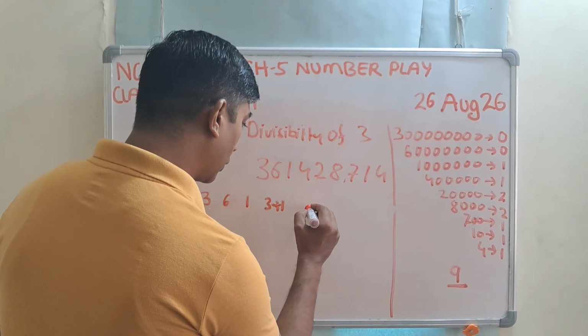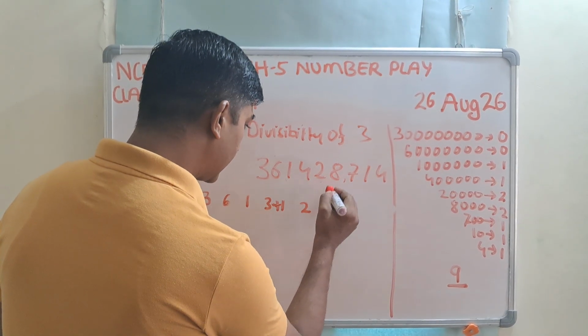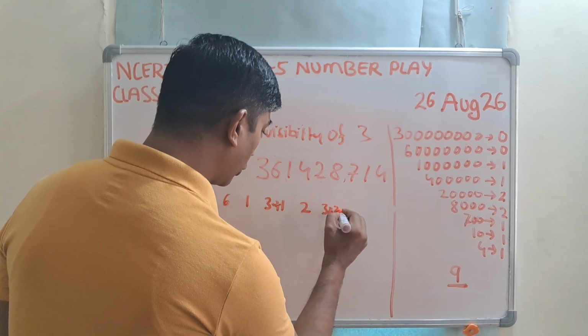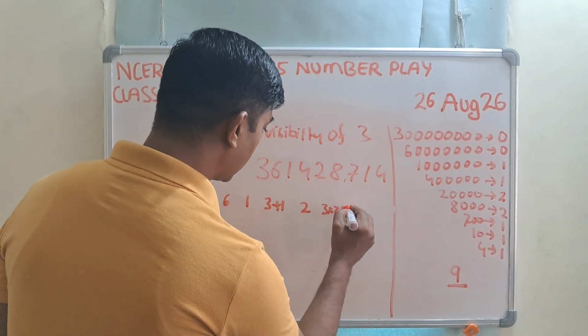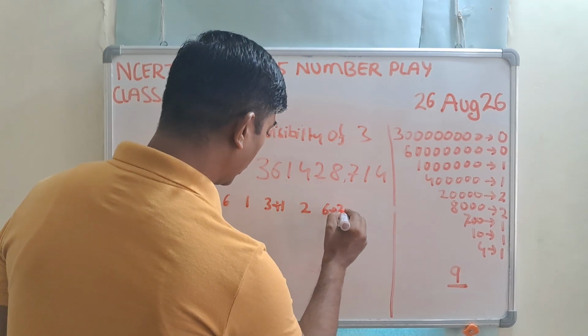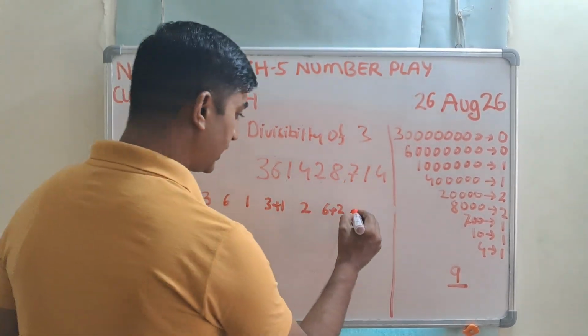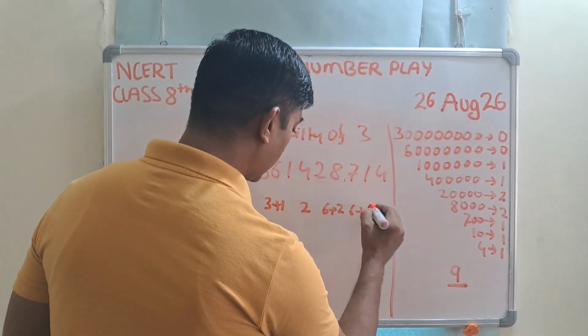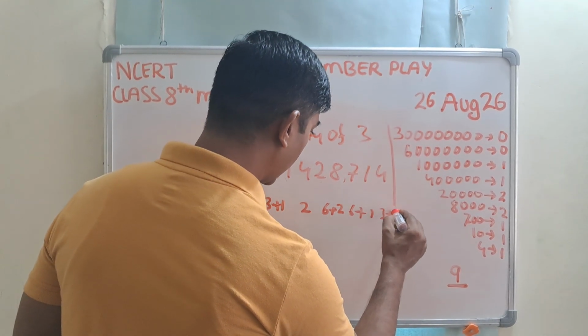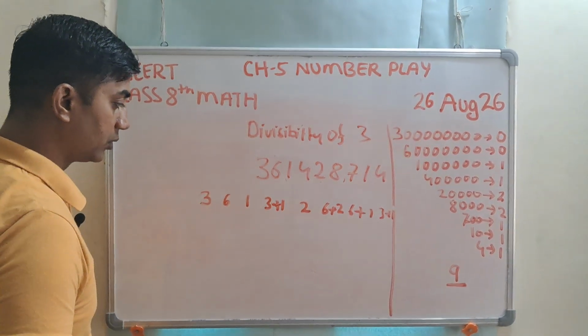This 2 is 2, you cannot split it. This 8 is, you can say, 3 into 2 plus 2, or you can write it as 6 plus 2, understood? And this 7 is 6 plus 1, this 1 is 1, and this 4 is 3 plus 1. This is what we have done, understood?